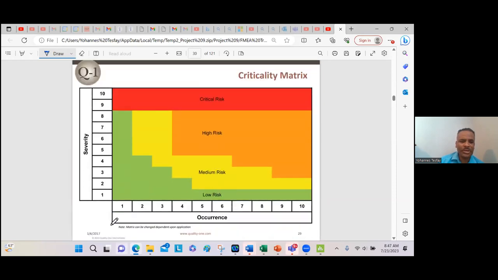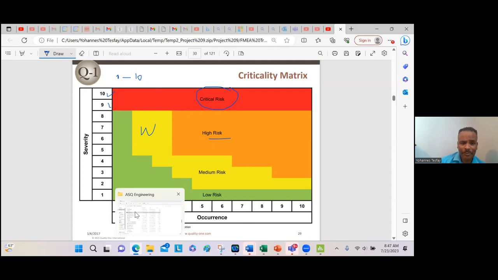But yeah, so now, earlier, severity was from how much to how much? From 0 to 10, right? So if it is 10 and 9, it is always going to be, okay, critical risk without any occurrence or whatever. So these yellow are like warning zone. These are high risk, okay? But these are no risk, okay?